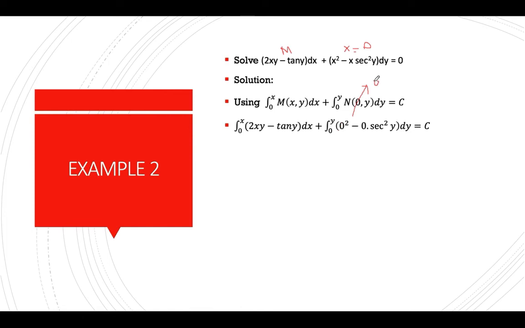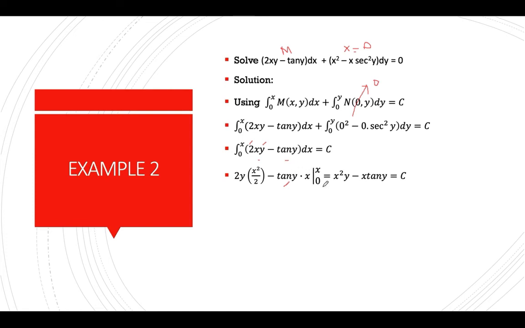Okay, so what is left is 2xy and tangent y, and then integrating partially with respect to x, so y will be constant, so we copy 2y, and then integrate x, that will be x squared over 2. Tangent y is constant, so integrating with respect to x gives constant times x.